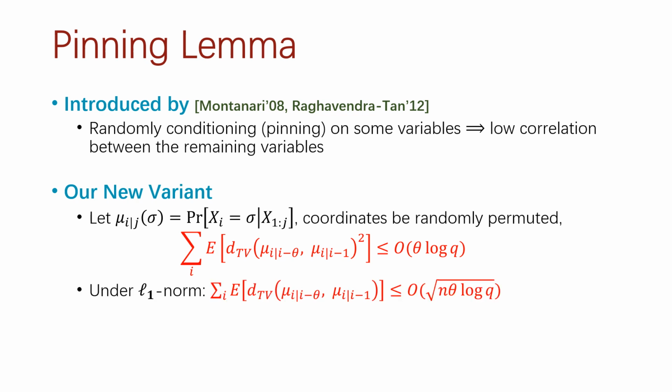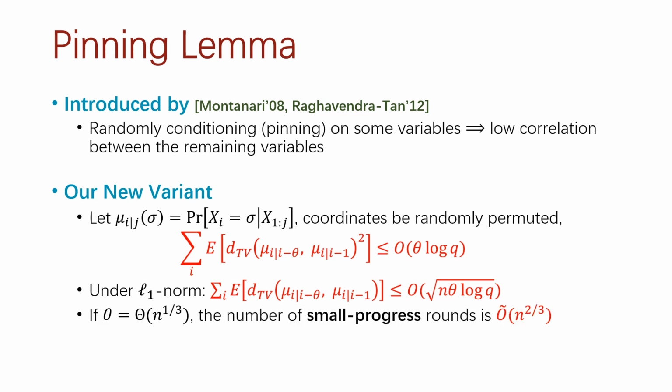Since this total variation distance is simply the difference of marginals, for Q equaling 2 we can easily prove an n to the 2/3 upper bound for the number of small progress rounds if we take theta to be n to the 1/3.